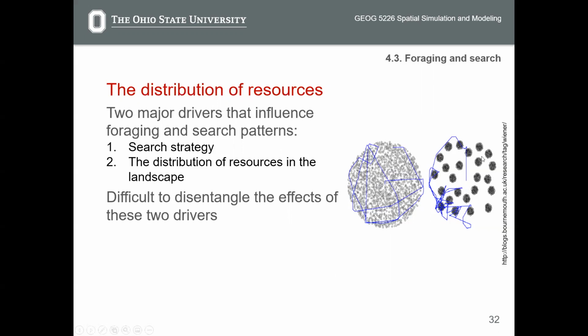On the right side, we have the same space, the space with the same size, but within this space, resources are not evenly distributed. These trees formed a lot of small clusters.